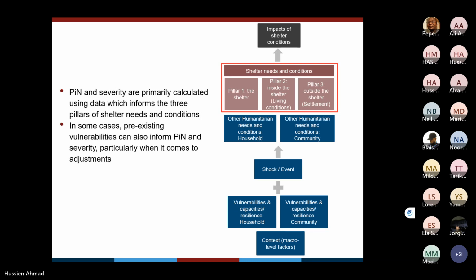To start on the centrality of protection and how we can include underlying vulnerabilities, as you see on the slide, we do consider the vulnerabilities, but what constitutes the shelter needs are under the 3 pillars.